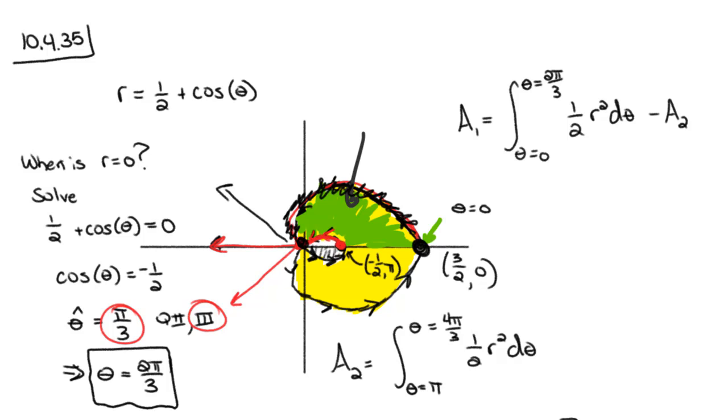So you could technically say, well, I'm going to lose the region from 2 pi over 3 to pi. You could totally do that. I just personally like to use the actual region in question, so I just chose to use this region right here, which starts at pi and ends at 4 pi over 3.